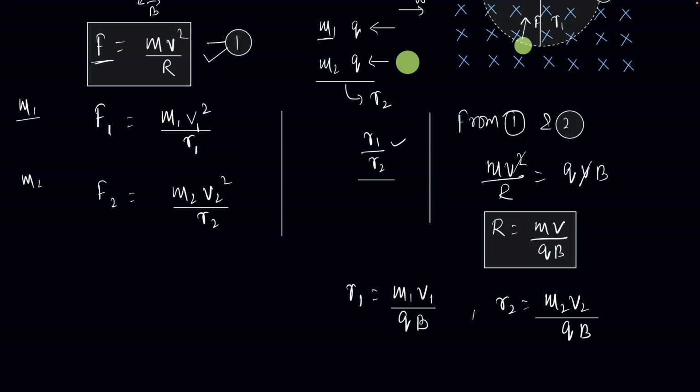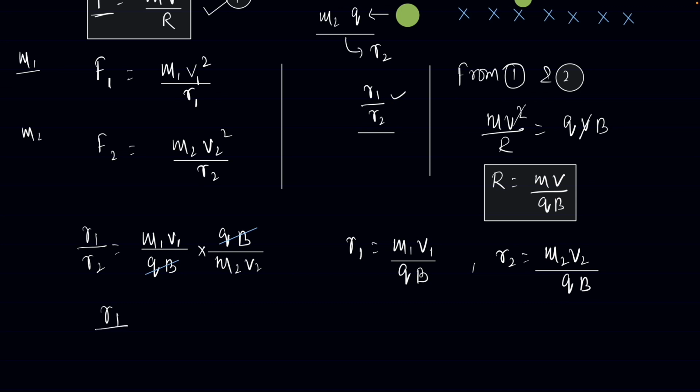So now r1 by r2 is equal to m1 v1 by qB into qB by m2 v2. Charge is the same and the magnetic field is the same, so these get cancelled. From there we can say r1 by r2 is equal to m1 v1 by m2 v2.